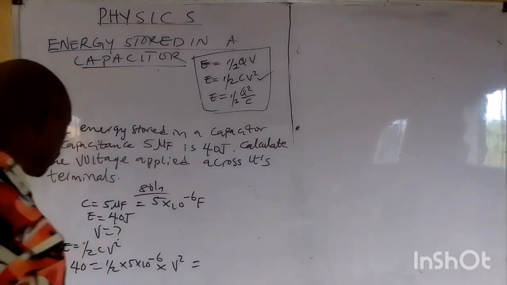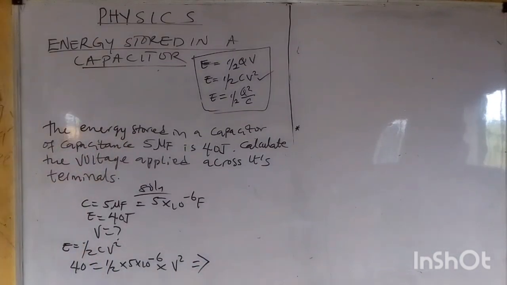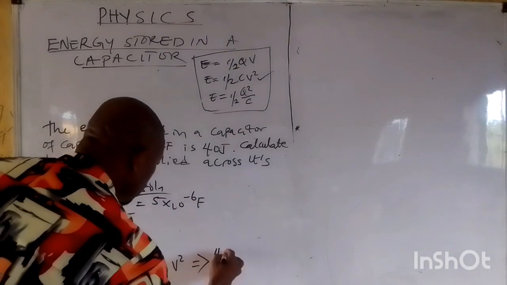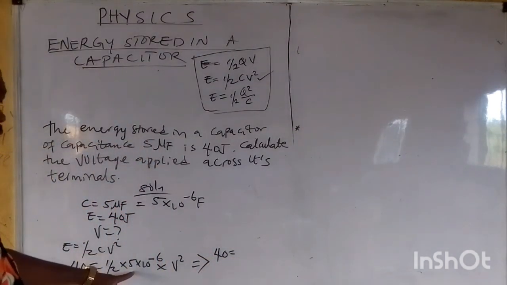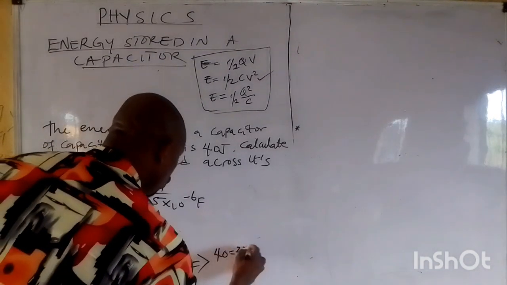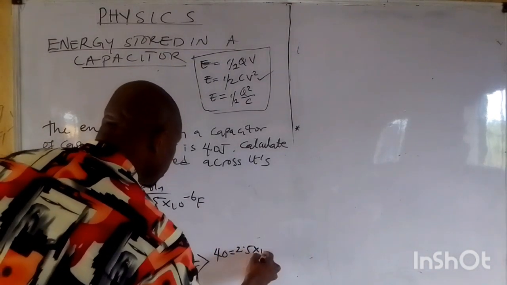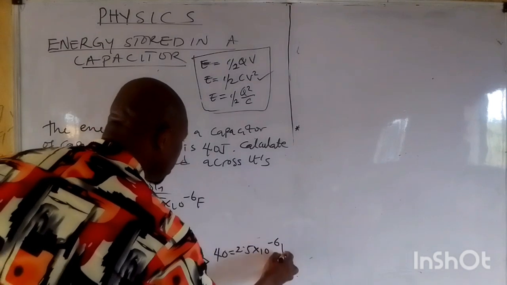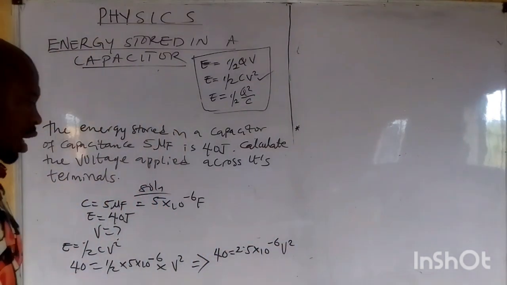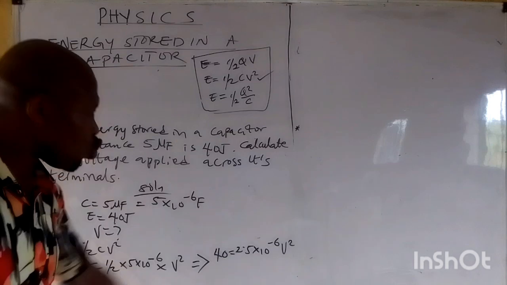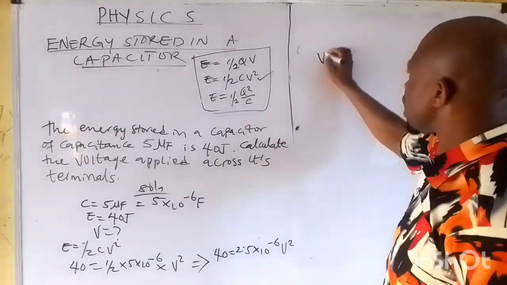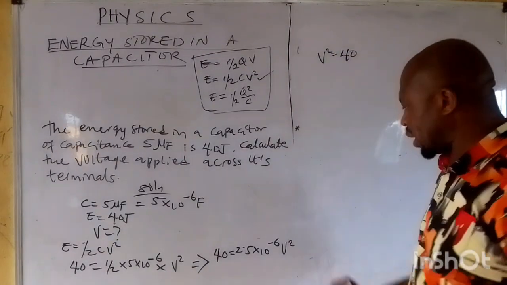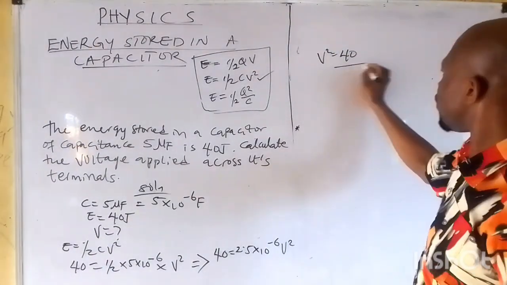So 40 is equal to half times 5, which is 2.5 times 10 raised to the power minus 6 V squared. At this point, we make V squared the subject.